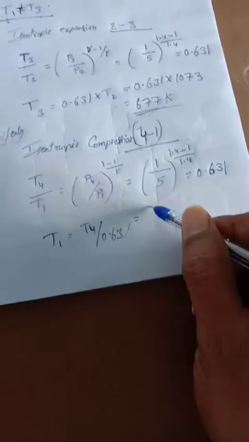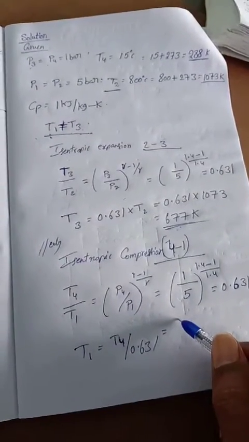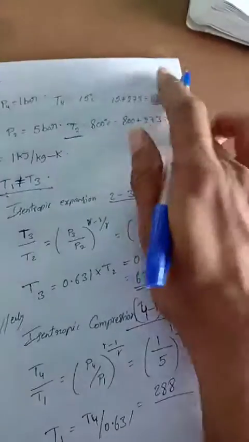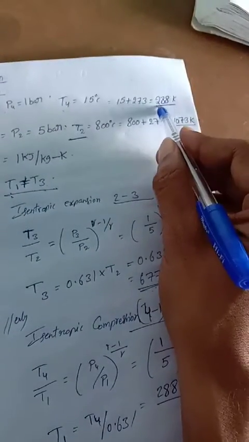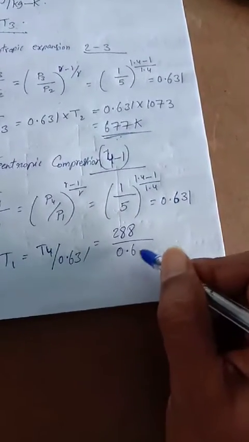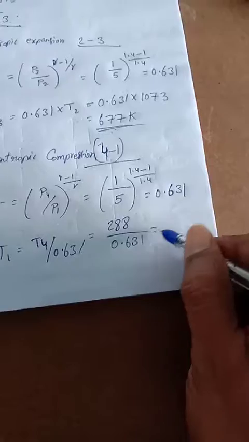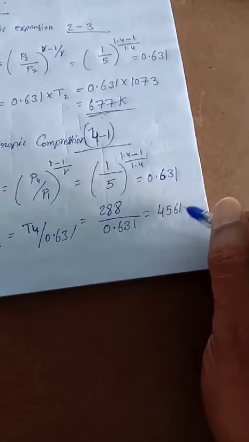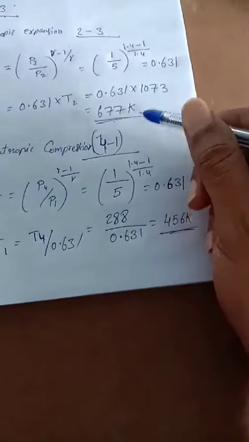So T4 is equal to 288 kelvins, and then I substitute 0.631. Solve this and you will get the answer 456 kelvins. So look here, the temperatures differ.